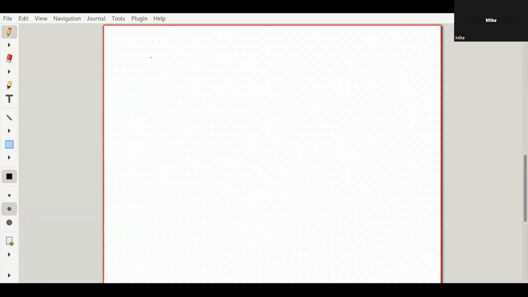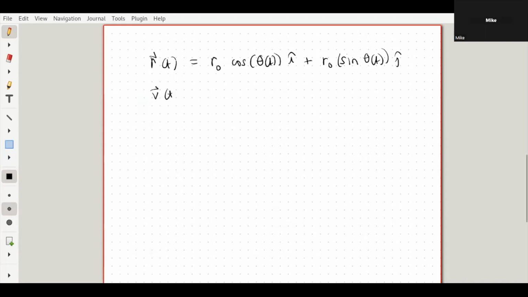What if R of t has a fixed radius still, but now cosine of some function of theta, so constant radius, and then sine of theta of t j hat. What is the velocity? What is the acceleration?